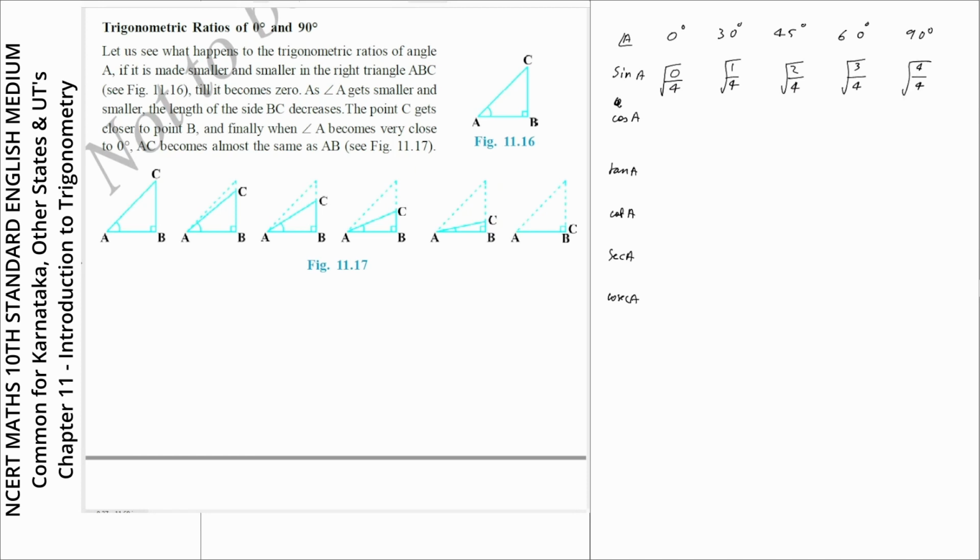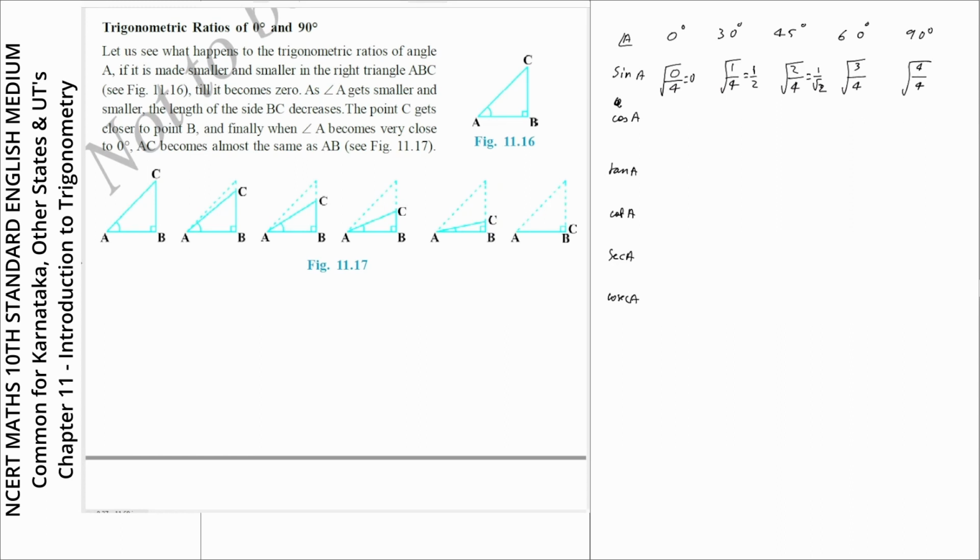When you take it, 0 by 4 is 0 only, square root of 0 is 0 only. Now 1 by 4, square root of 1 by 4 is 1 by 2. Square root of 1 is 1, square root of 4 is 2. So that means sine of 0 is 0, sine of 30 is 1 by 2. Now sine of 45, so this is 2 by 4, which gives 1 by root 2.